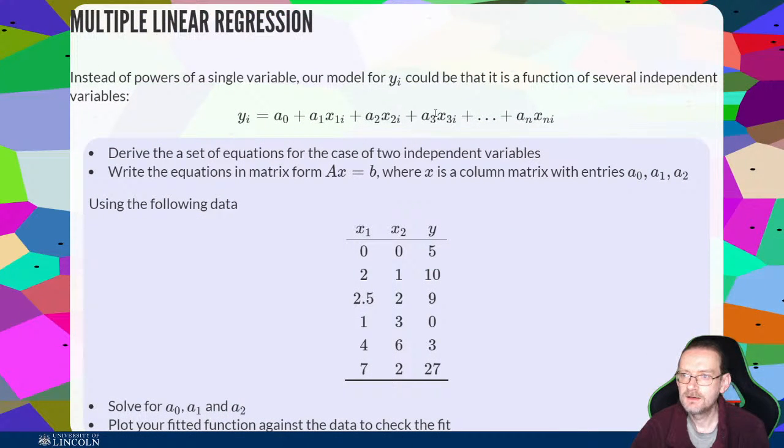And we can extend this. As well as having powers of our variable, we could have several different independent variables. We could have A1, A2 and A3, so it's 3 measurements along different axes, if you like. And we make those measurements i times, and we get a final result.